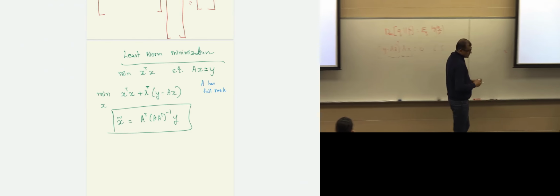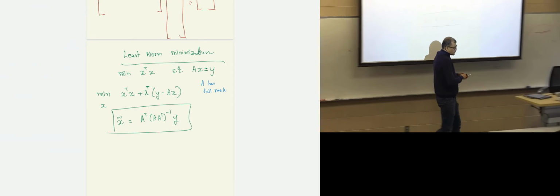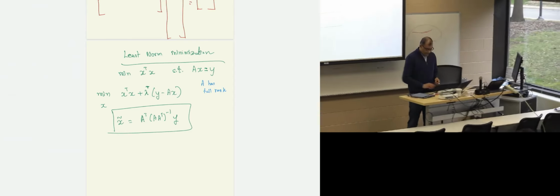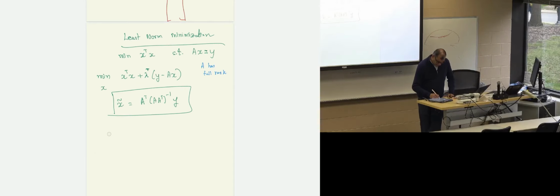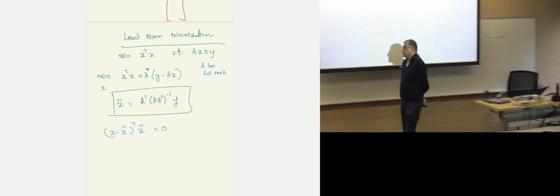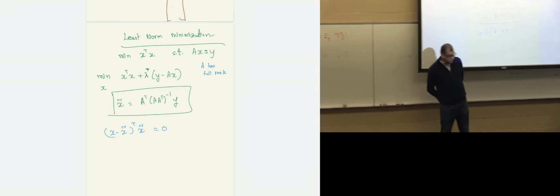So just like we had that property in least squares, in least norm we have another interesting property: (x minus x tilde) transpose x tilde equal to 0. This is what least norm solutions satisfy.